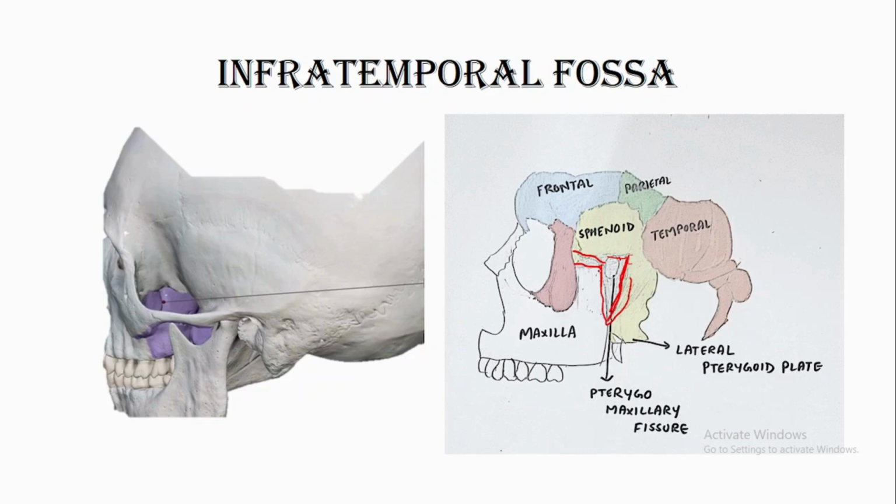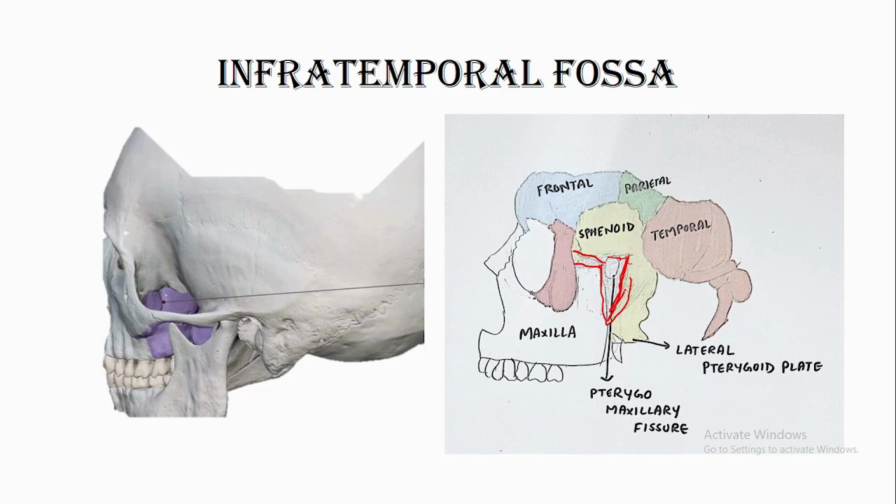This is the inferior orbital fissure. So through this communication, the infratemporal fossa communicates with the orbit. So this is the pterygomaxillary fissure which separates the anterior wall and the medial wall of the infratemporal fossa.